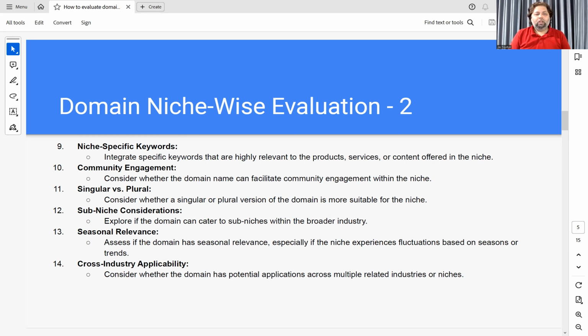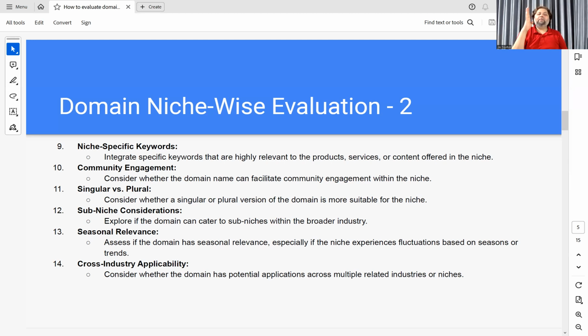So, community engagement. Community engagement should be greater. I'm typing some domains here.